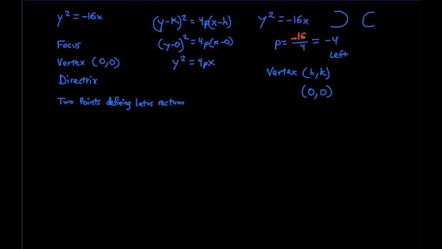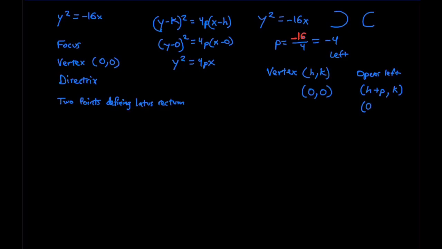So what you do is you take this information about the vertex. Because we know that p is going to the left, you'd be modifying the h coordinate, which is like the x coordinate in this case when you're graphing. So then, if it opens left, here's a formula for it. You can say that it's h, and you just go ahead and add p to it. It won't matter if p is actually negative like it is here, because when you put the numbers from our actual question, the h is a 0.